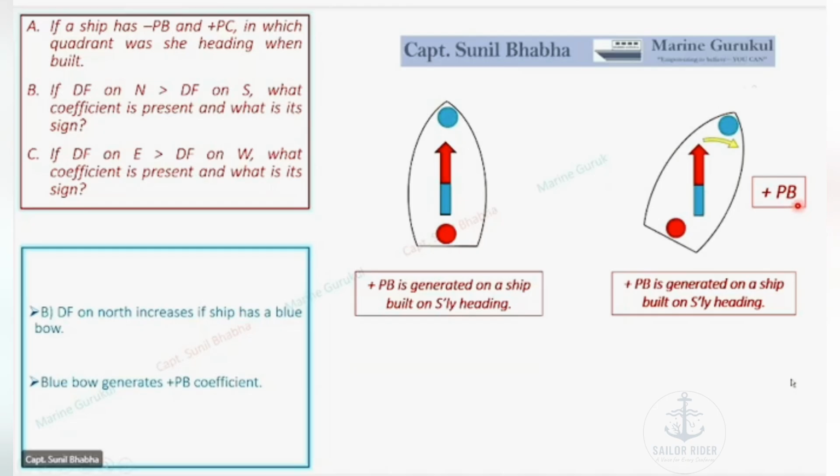Magnetism in the fore and aft direction generates coefficient Bravo. This is permanent B because these are permanent poles of the Earth and permanent poles of the ship. So a vessel whose directive force increases on northerly heading has a positive permanent B coefficient. So the answer to this part will be positive permanent B coefficient.